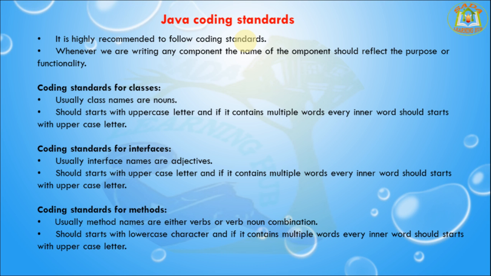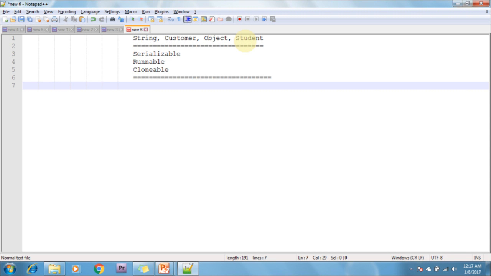Next, coding standards for methods. Usually method names are either verbs or a verb-noun combination. They should start with a lowercase character, and if a name contains multiple words, every inner word should start with an uppercase letter. For example, run. It is a method name. Sleep.